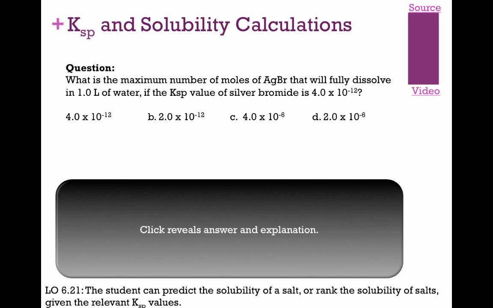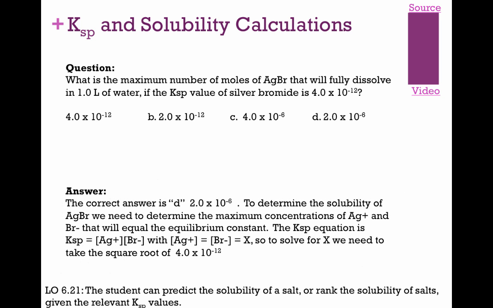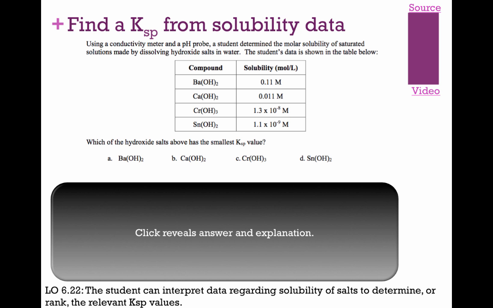Multiply by volume, which in this case is 1. So it just so happens that my answer is actually going to be the same: 2 times 10 to the negative 6. Those are just some tips and tricks for solving for things like Ksp on the multiple choice part of the test.